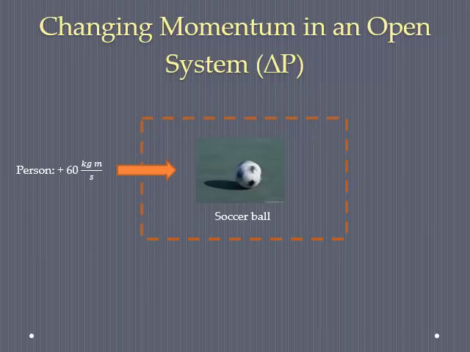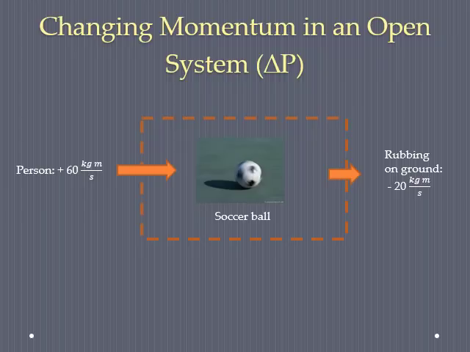For example, a person might come and kick that soccer ball and add some momentum to it. So when I kick that ball, I add 60 kilograms meters per second of momentum. Of course, if you wait a few seconds, that soccer ball might start to lose its momentum due to rubbing on the ground. So maybe it's lost another negative 20 kilograms meters per second of momentum just from rolling on the ground.